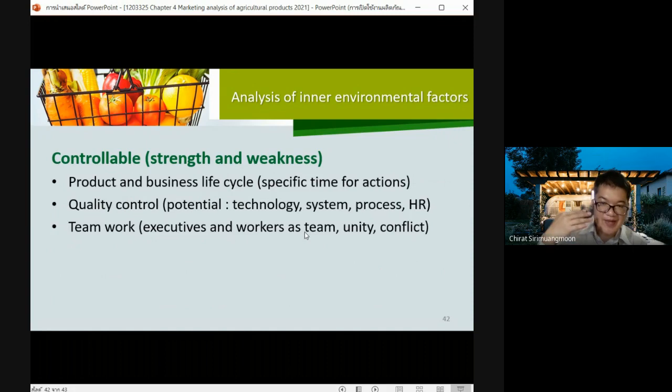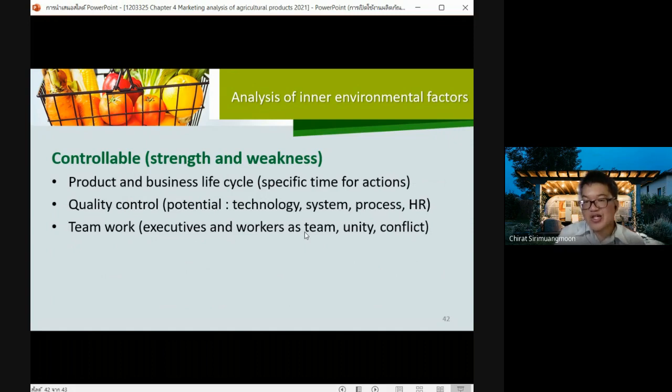You might do some activity like promotion, just send a message trying to be in the market. Then if you are developing period, so you might play with the other strategies. Okay, this is a strength and weakness.